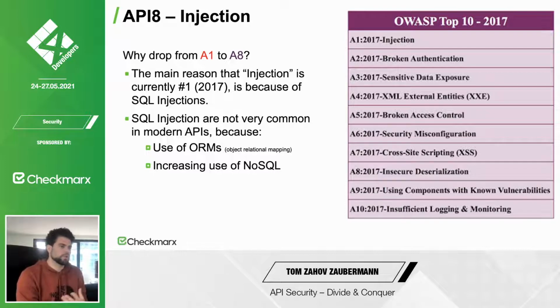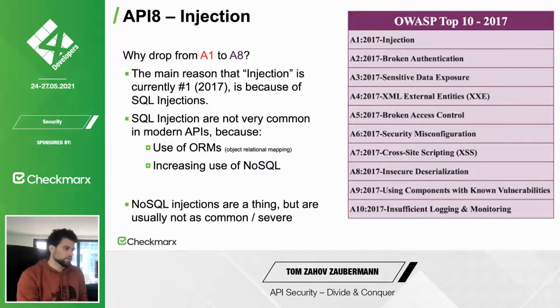So we don't see much SQL in the background, and that's why it's very hard to do an SQL injection within an API. There are NoSQL injections, but they are not very common and also not very severe. So it's still there, and that's why injection moved down. What we saw before, by the way, with the injection of code, was not actually the fault of the API, when we managed to format the entire C drive. It was the fault of the developer. But it's kind of also injection.